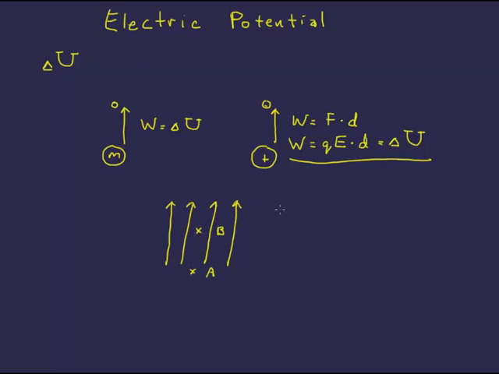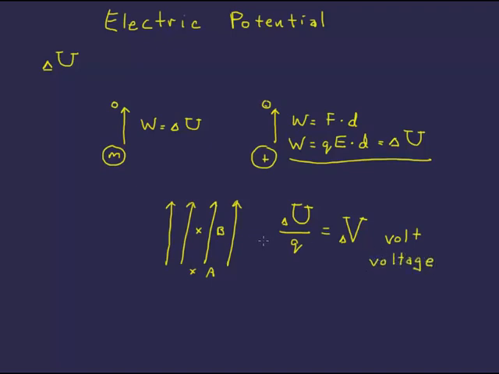That change in potential energy is going to depend on how much charge I move. So we have this concept called electric potential, where instead of talking about the total potential energy change, we talk about the potential energy per charge. This idea is known as electric potential, and we abbreviate it with a capital V because the units of electric potential are the volt. And often, instead of calling it electric potential, we call it voltage.